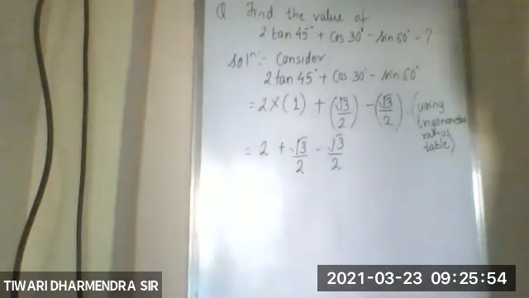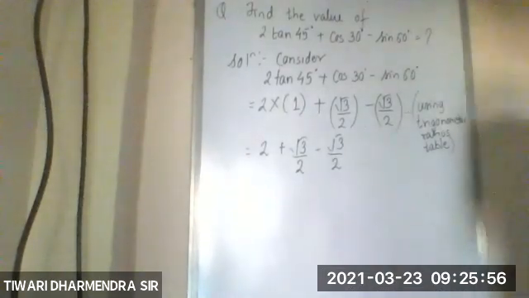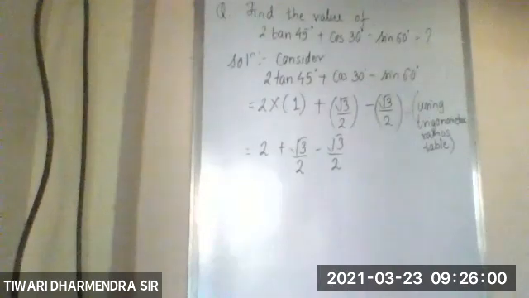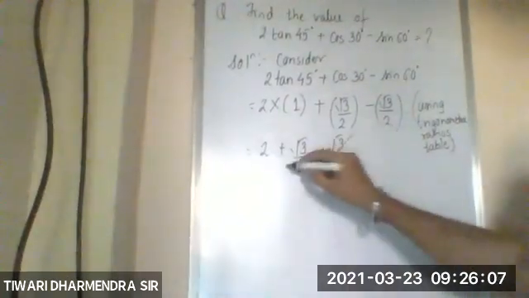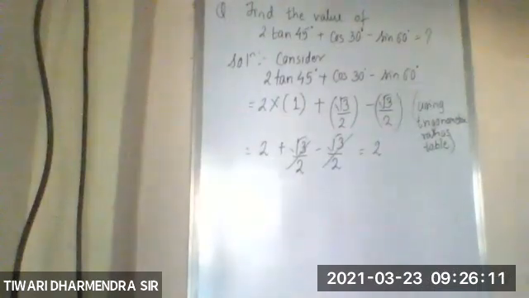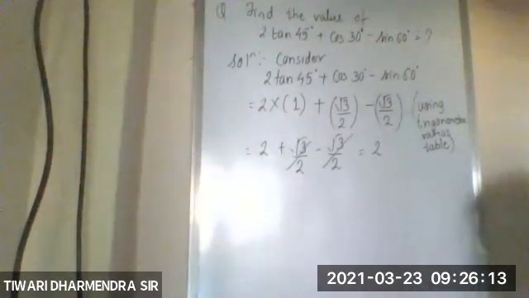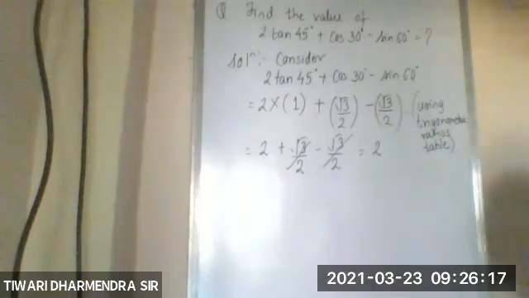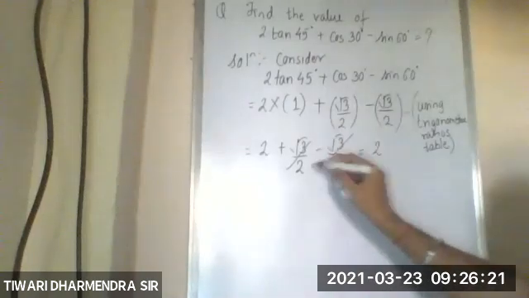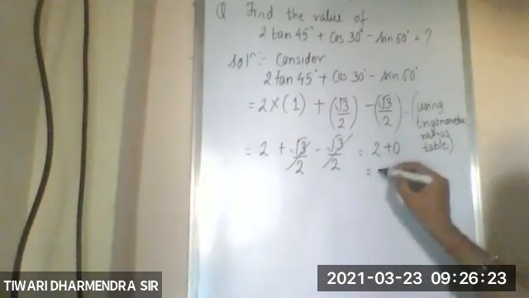Terms with opposite sign get cancelled, as we can see that we have root 3 by 2 minus root 3 by 2. So we got the value of this question as 2 plus 0, which is 2.